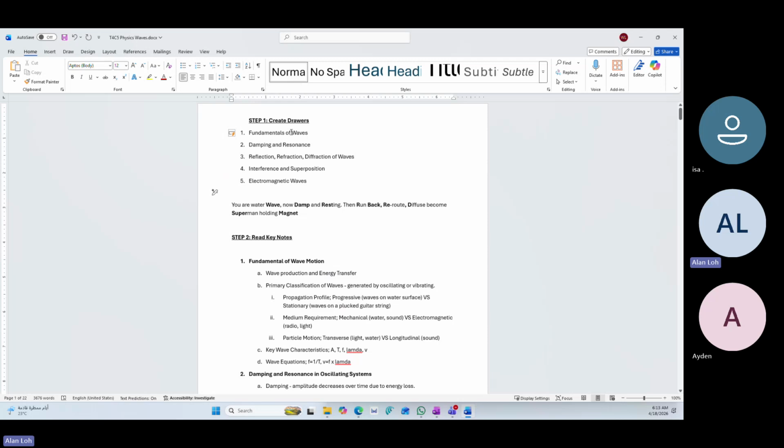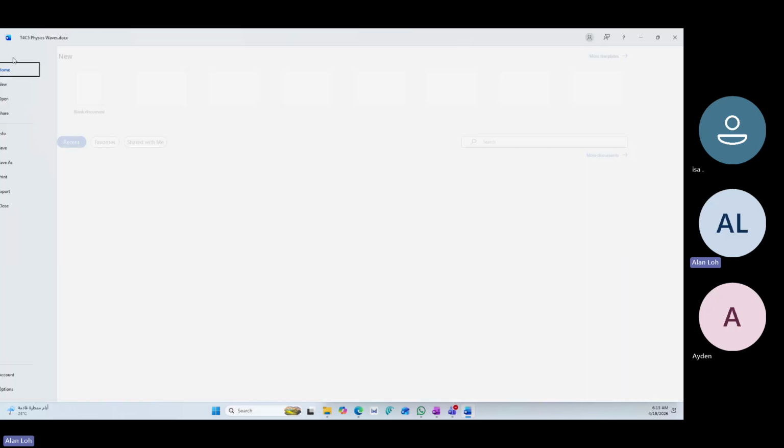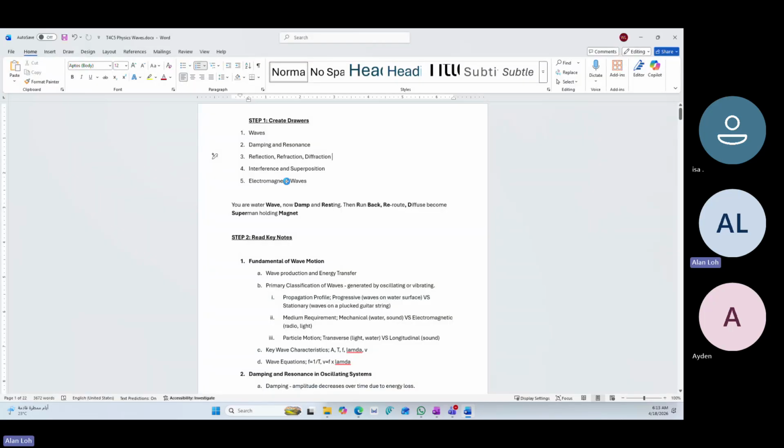Let's make it simpler. Wave, damping and resonance, reflection, refractions, diffractions of the wave, interference and superposition, magnetic wave, electromagnetic wave. Let me say this. Right. So you need to know that we have 5 drawers that we need to fill in the information inside the drawers.